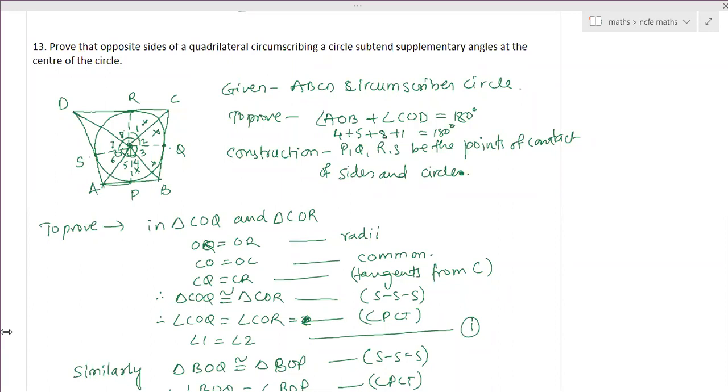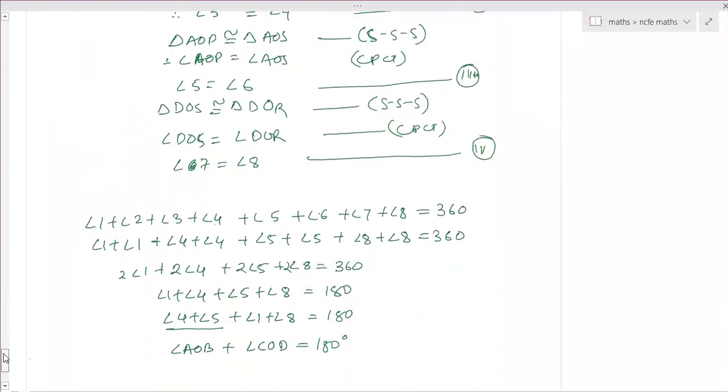Is this clear? Ma'am, the reason that we'll write is that the quadrilateral circumscribing a circle subtends supplementary angle at the center. Yes. Thank you, ma'am. Immediately after this, the same question we have solved.